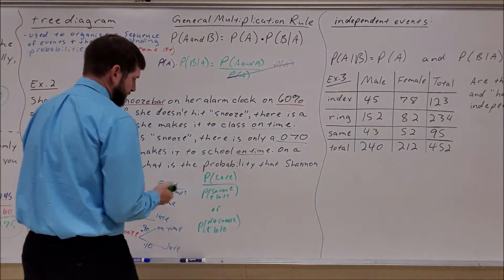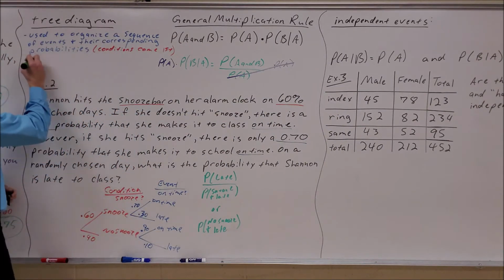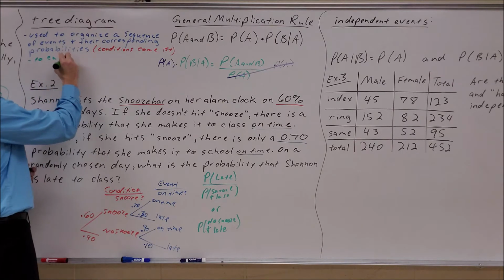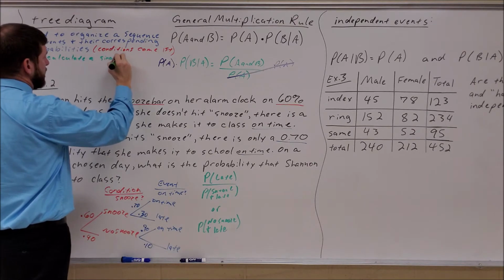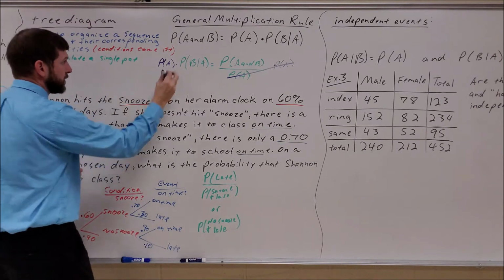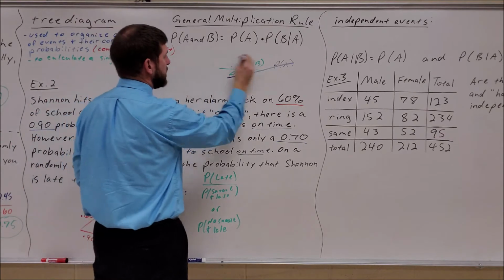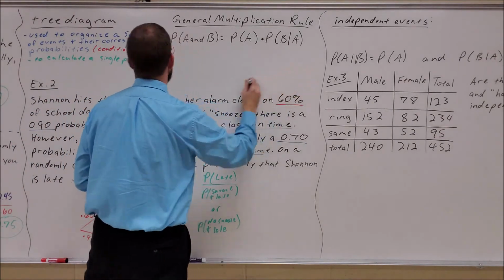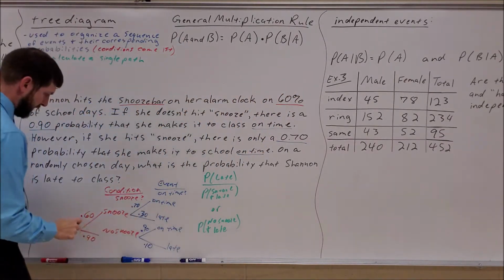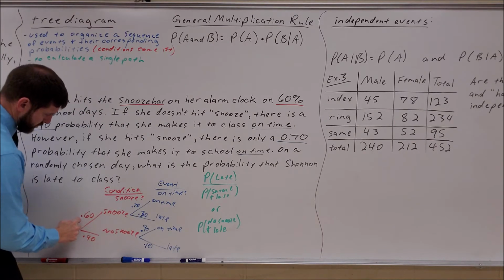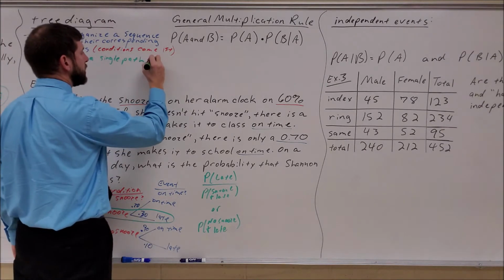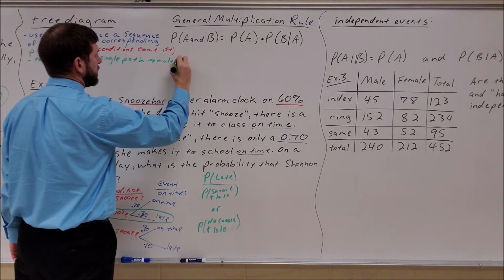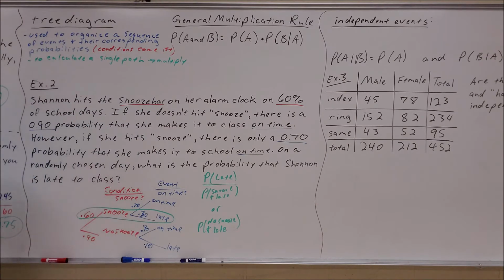So what we end up with is this rule that when we're dealing with tree diagrams, to calculate a single path, such as snoozing and ending up late, all you have to do is multiply. Calculate a single path, multiply.